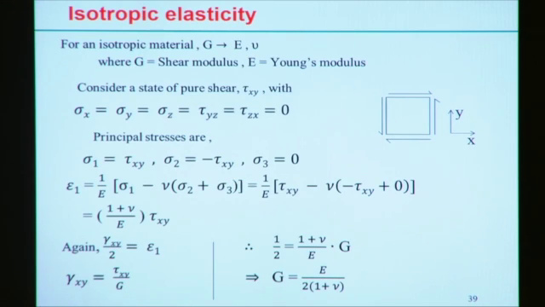But we know that the normal strain component epsilon 1 is half of the shear strain component, and the shear strain is related to the shear stress and the shear modulus. So from this relation, half of tau xy by G is equal to 1 plus nu by E into tau xy. From here we find the relation of G in terms of Young's modulus and nu. This is the straightforward relation between the shear modulus, Young's modulus and Poisson's ratio.